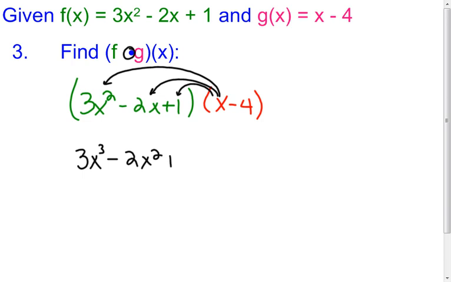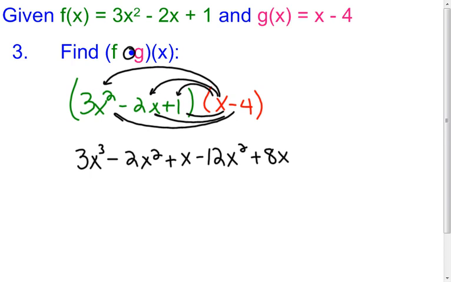And x times 1 would be x. Then you need to do the same thing by distributing the negative 4 all the way through the parentheses. Negative 4 times 3x squared would be negative 12x squared. Negative 4 times negative 2x is 8x. And negative 4 times 1 is negative 4.